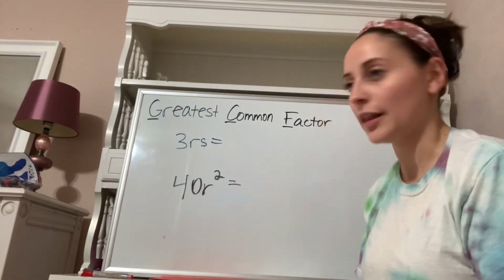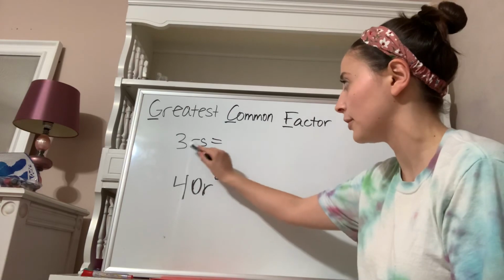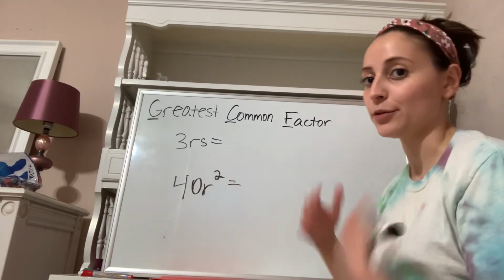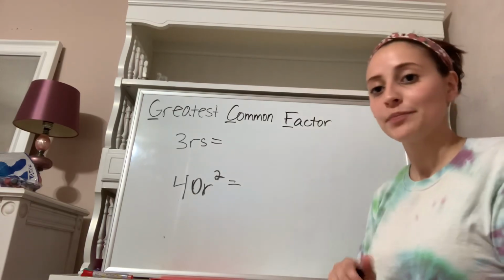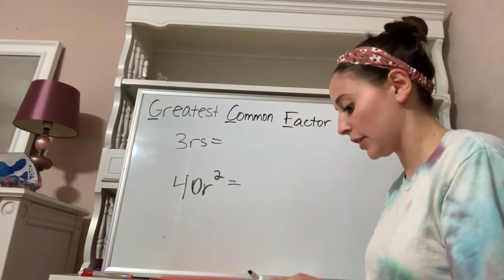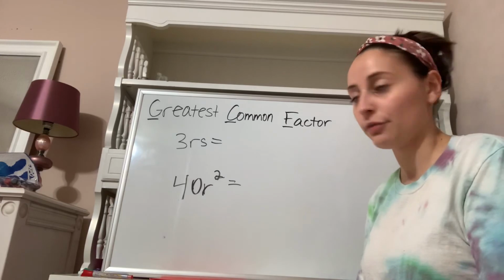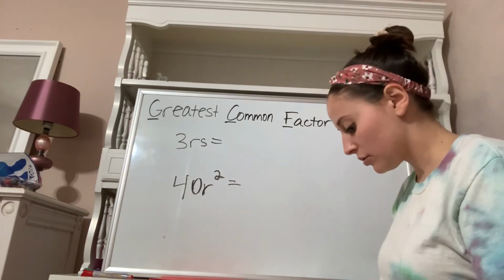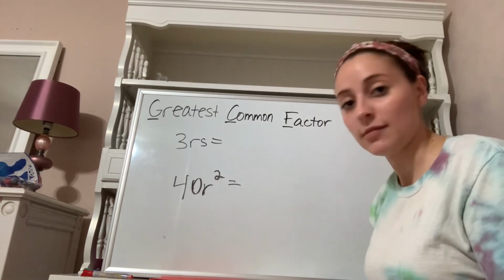Now for our last example, we have 3RS and 40R squared, and we're trying to find the greatest common factor. So lucky for us again, 3RS, there's actually no way we can break this up. So that's basically, it is what it is.